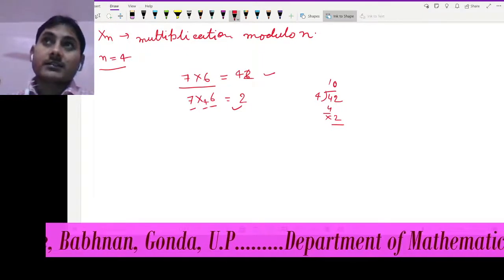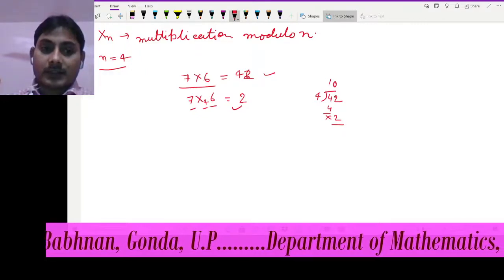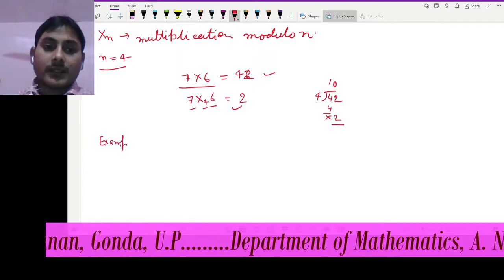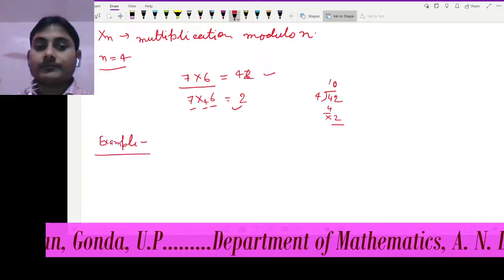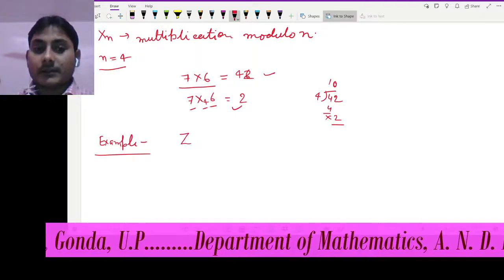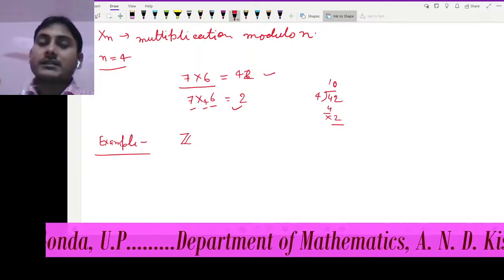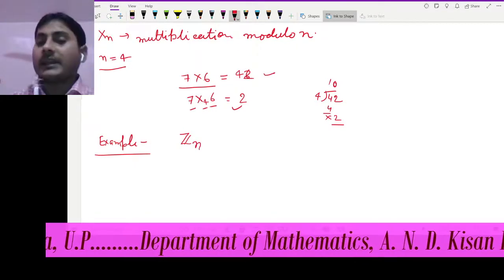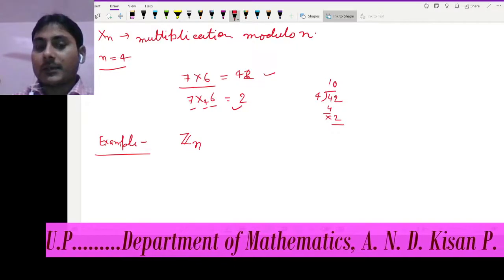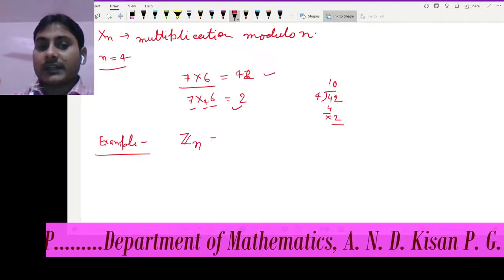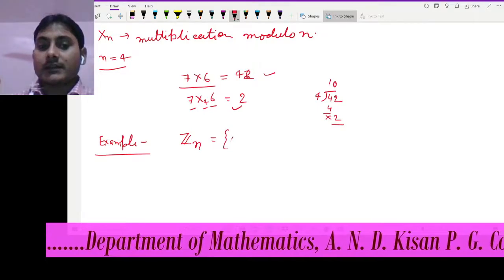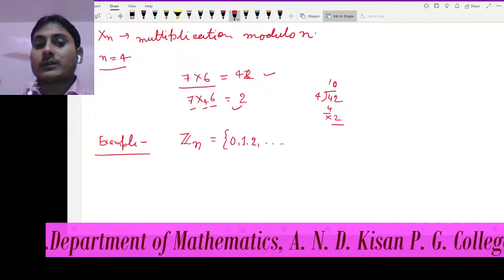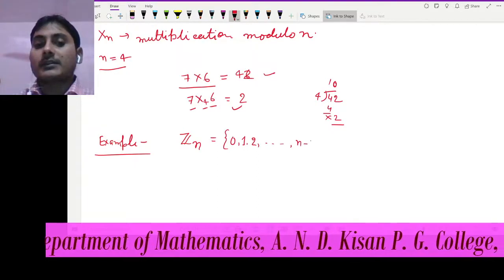Using this, I am considering this particular example. What is my example? This particular collection Zn, denoting the set of integers modulo n, is the collection of the set 0, 1, 2 and so on up to n minus 1.